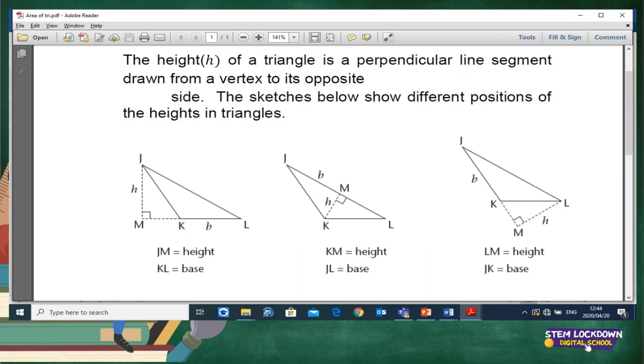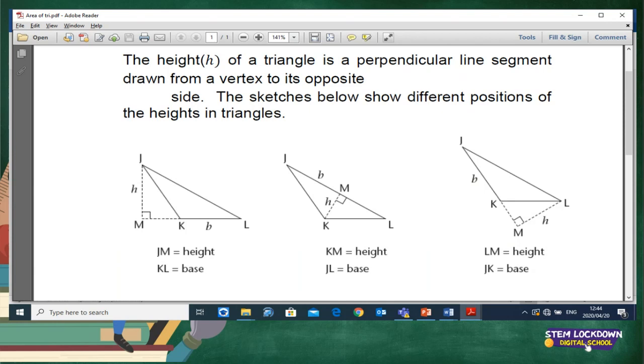And of course, the last one, you have ML as the height, or if you want, you can name it LM. This actually means that you are now at a point where you can make use of the different sides to calculate the area of the triangle. So the sketches are shown there, and each sketch is different depending on the height.